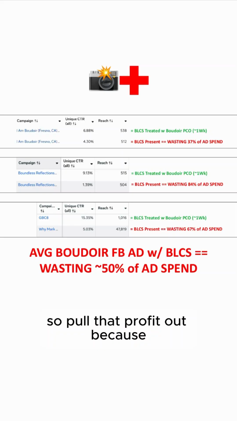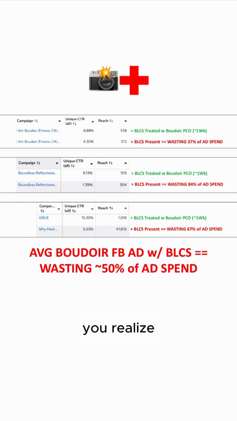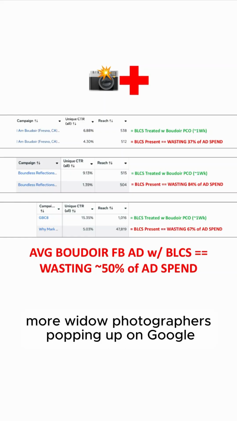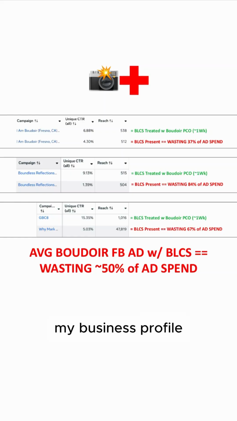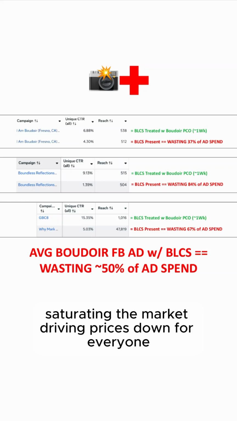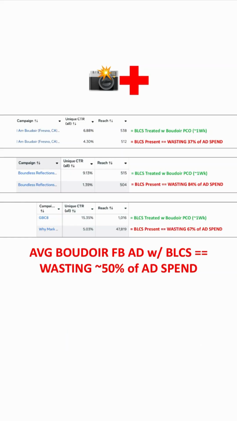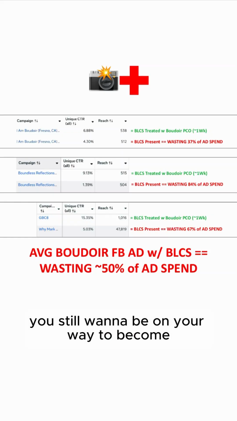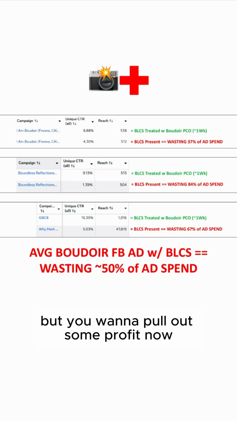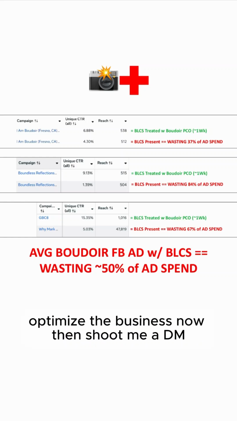So pull that profit out because you realize it's time to pull profit out of the business now, because more boudoir photographers are popping up on Google My Business profiles, saturating the market, driving prices down for everyone, but inflation's still hitting everyone hard. You still want to be on your way to being the number one boudoir photographer in your city, but you want to pull out some profit now, optimize the business now. Then shoot me a DM.